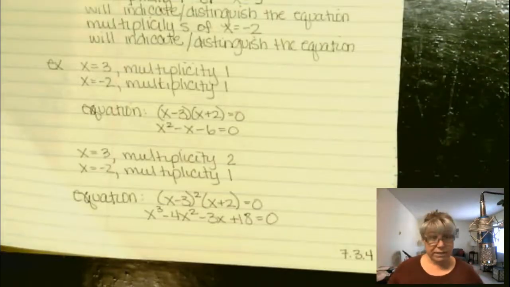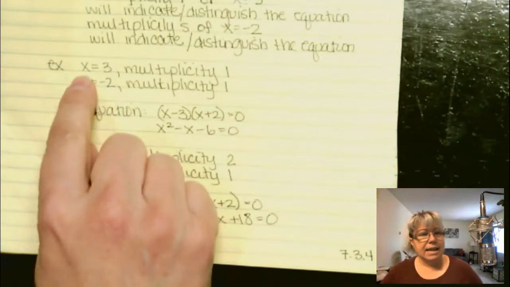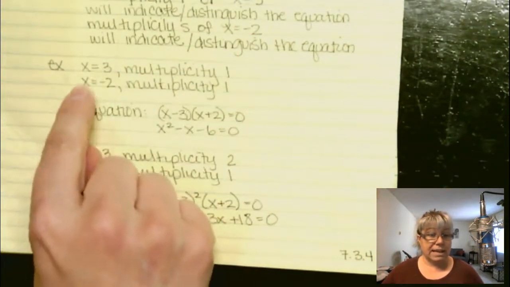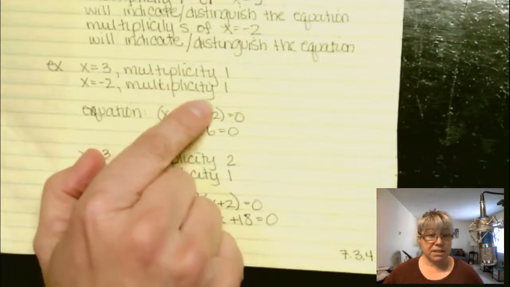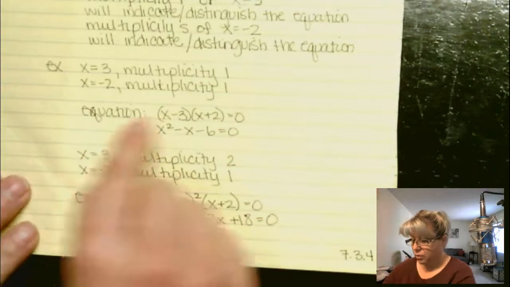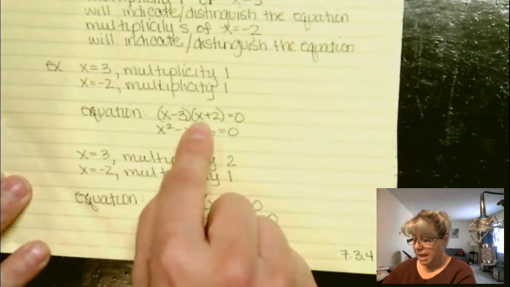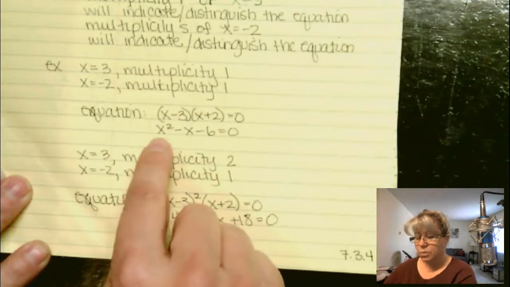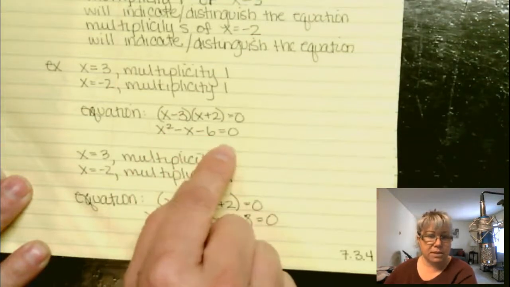So if you were given x equals 3 with multiplicity of 1, and x equals negative 2, multiplicity of 1, then your equation would be x minus 3 times x plus 2 equals 0. In other words, x squared minus x minus 6 equals 0.